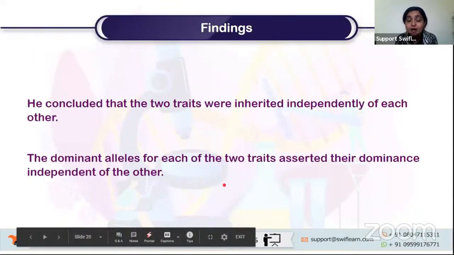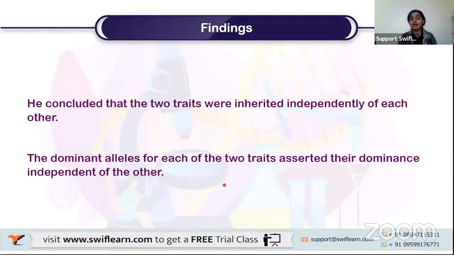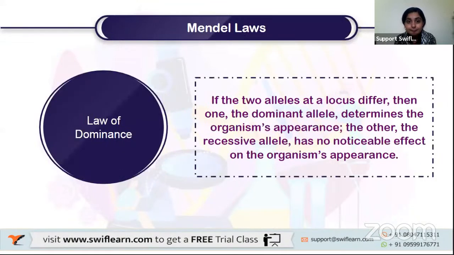Okay. Now, findings. What were the findings of his experiment by doing all this? He concluded that the two traits were inherited independently of each other. The dominant alleles of each of the two traits asserted their dominance independent of the other.